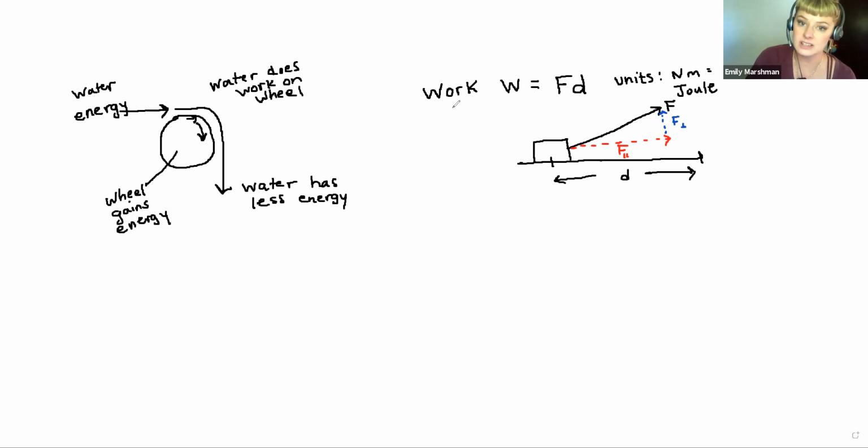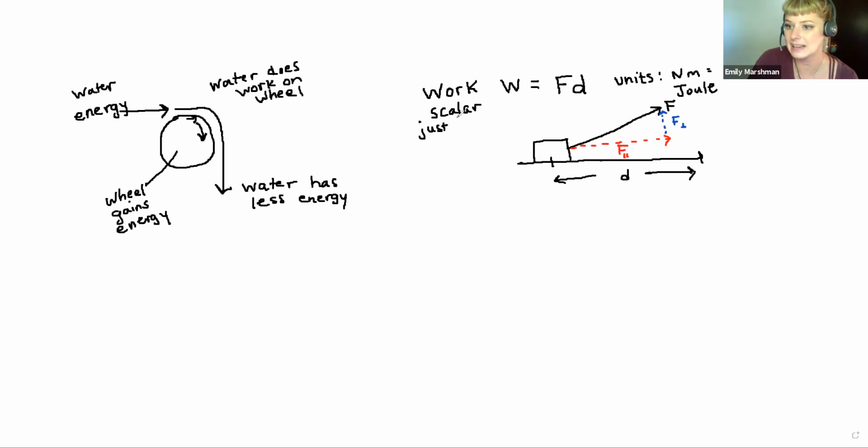Another thing about work is that it's a scalar quantity. I do not have to define a direction of work. I just have to tell you the size of the work done. So it could be 10 joules, 20 joules, whatever. Just a size, no direction needed.